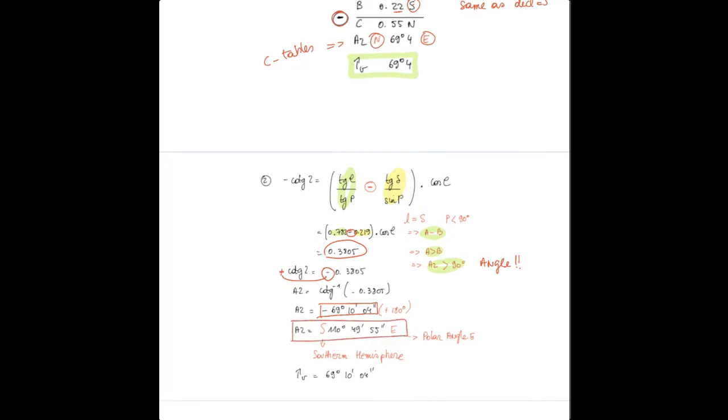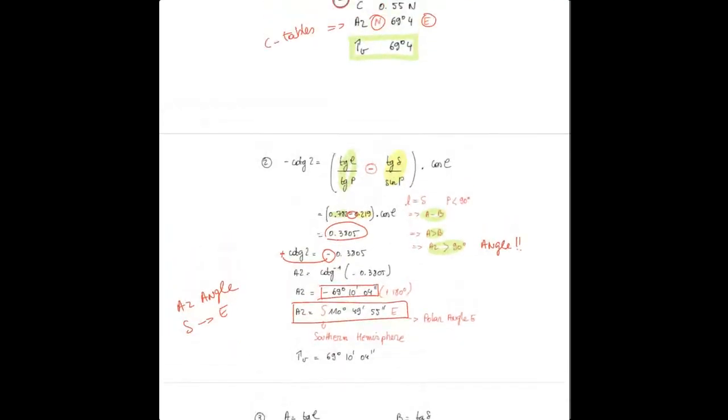Now we are in the southern hemisphere, so the azimuth angle is measured from the south, and here, because our polar angle is east, it's measured over the east. Okay, and this gives us then again the same value as we obtained here.